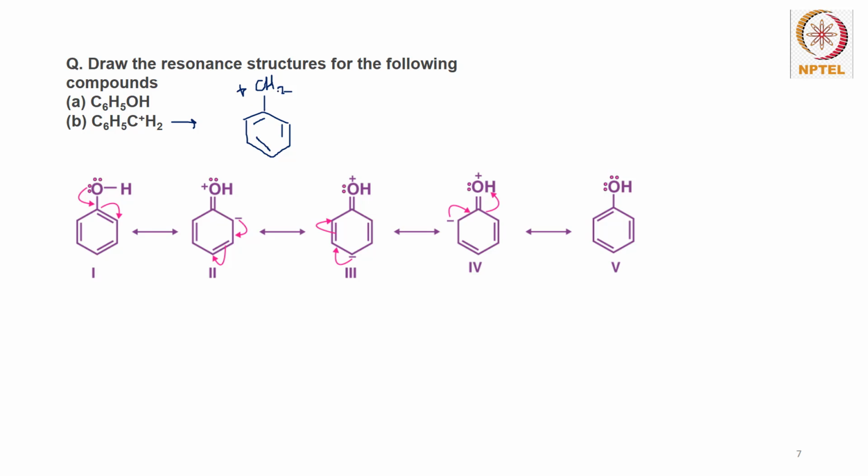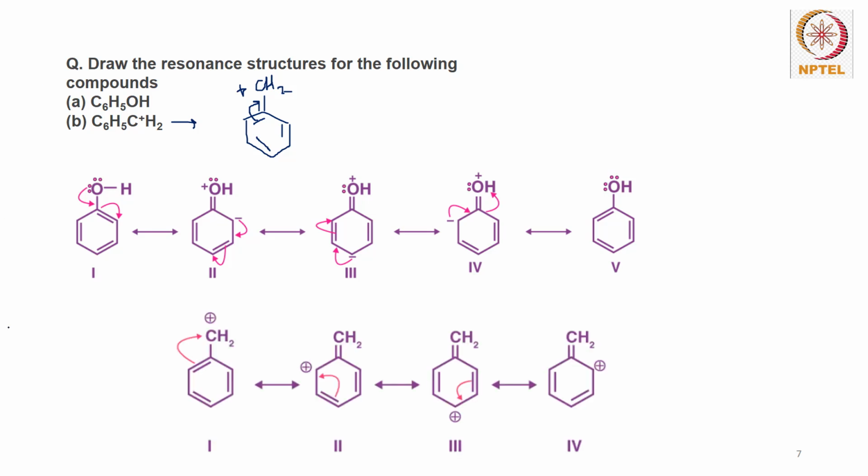So now you have to show the resonating structures of these compounds. It will be similar to this one. But here, as the oxygen has electrons, it gives the electrons. But here it already has a scarcity of electrons, so the movement of electrons will be in the opposite direction, because it has no electron to give towards this ring. So here is the structure.